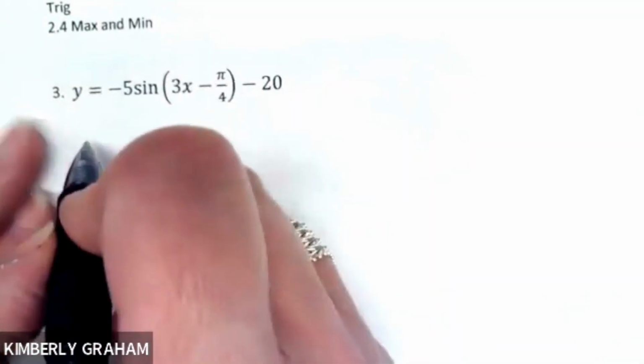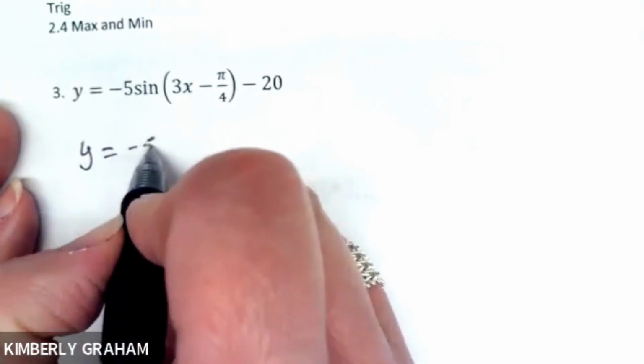Okay. Problem 3 is going to be the same type of thing with sine, right? Maximum and minimum are at 1 and -1. And I would put 1 and -1 in and simplify my expression before I really figured out which one's the max and which one's the min.